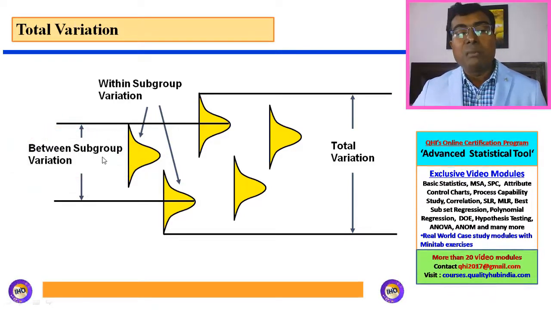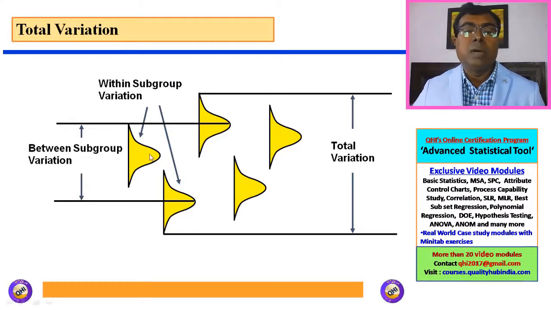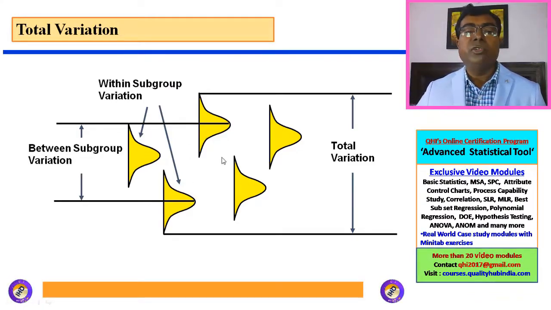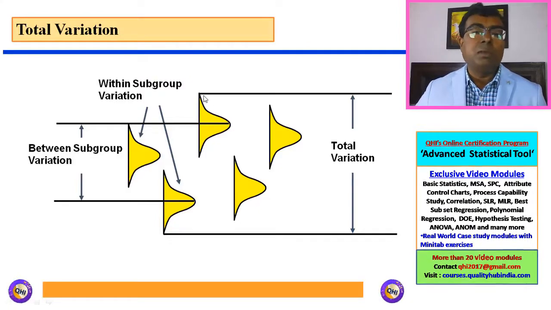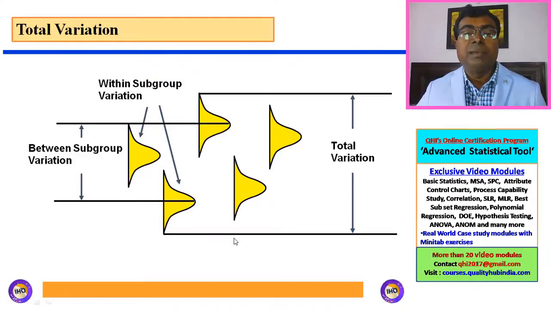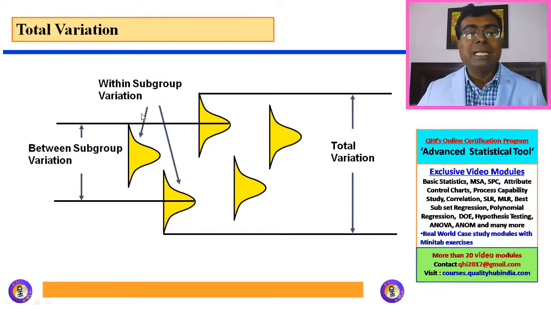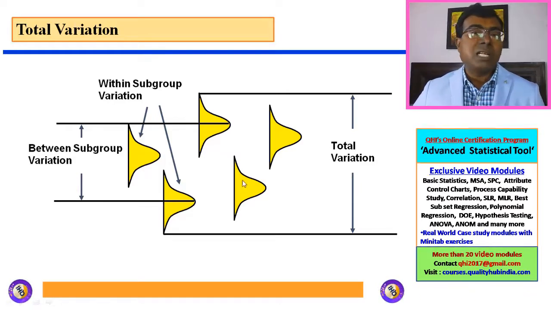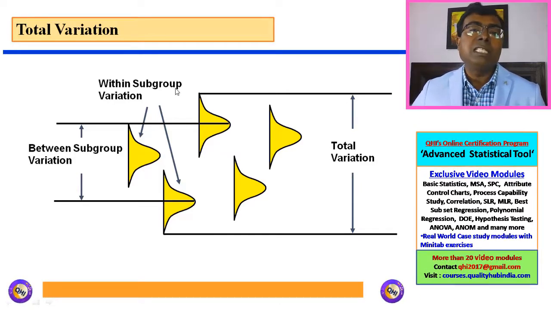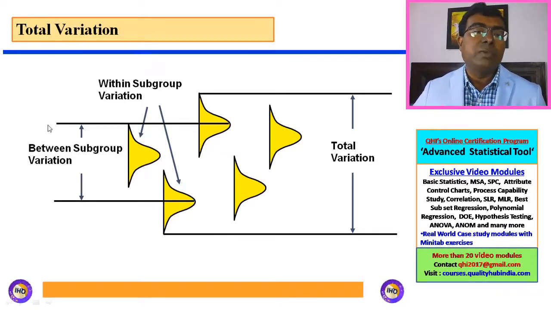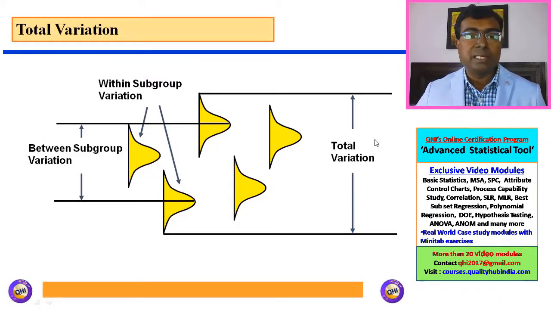So I will have between subgroup variation between 1 and 2, 1 and 3, 2 and 3, and 3 and 4. And my variation from this extreme side to this side, which is basically covering all the process variation, will be called total variation. So friends, for understanding statistical process control, you must understand the concept of within subgroup variation, between subgroup variation, and total variation.